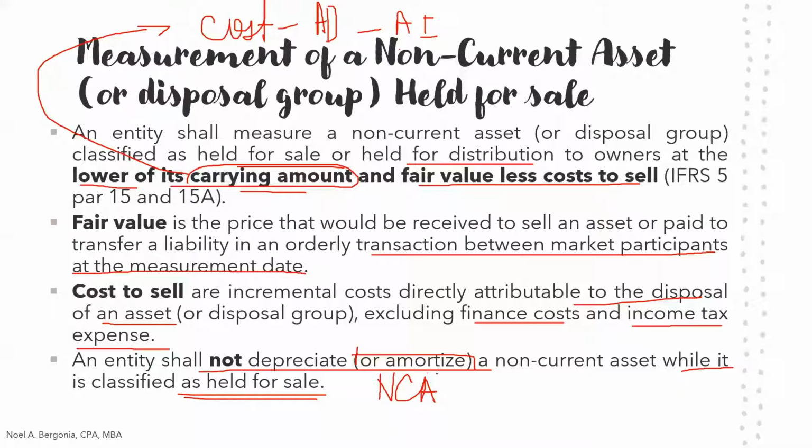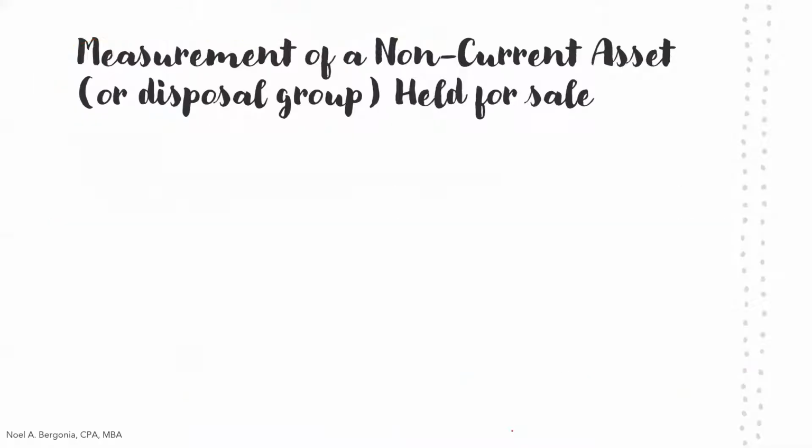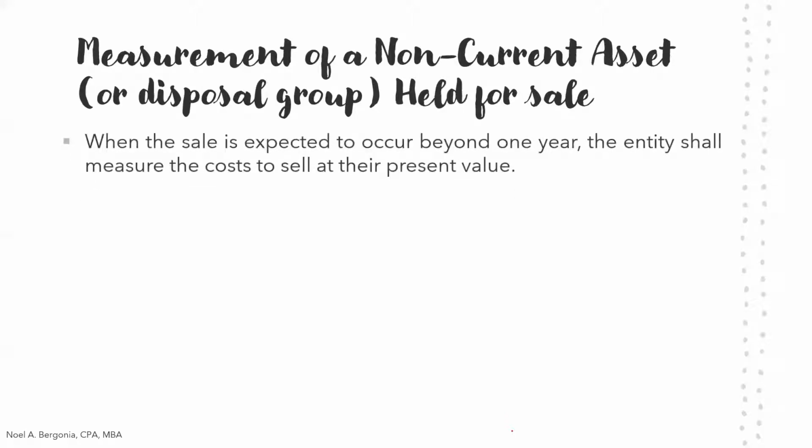Okay? Then please take note that earlier we mentioned the cases in Appendix B and paragraph number 9 which allow extension beyond 1 year. So just in case there are such circumstances, when the sale is expected beyond 1 year, the entity shall measure the cost to sell at its present value.